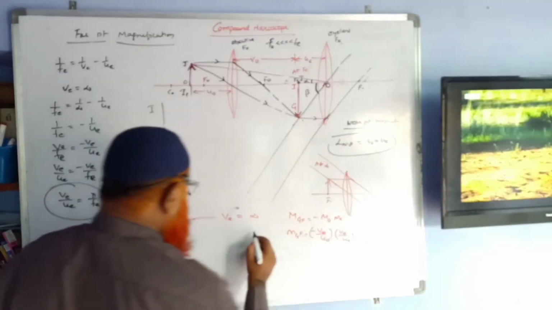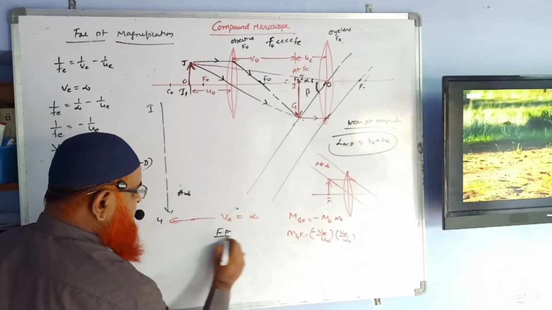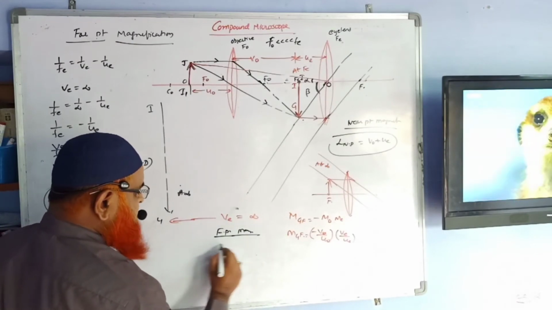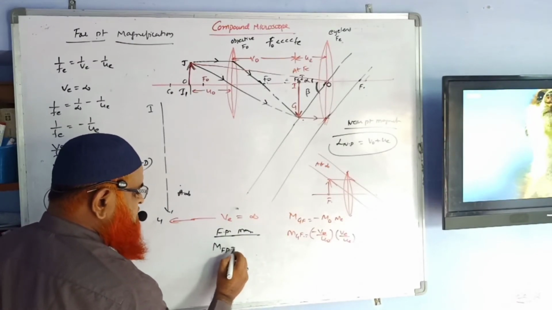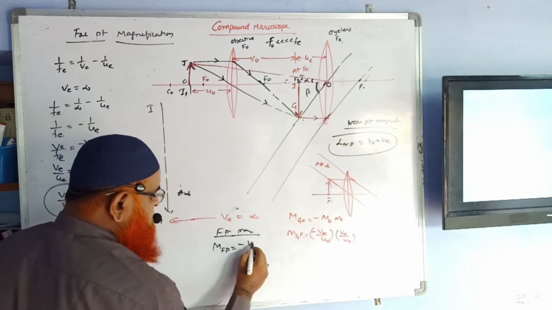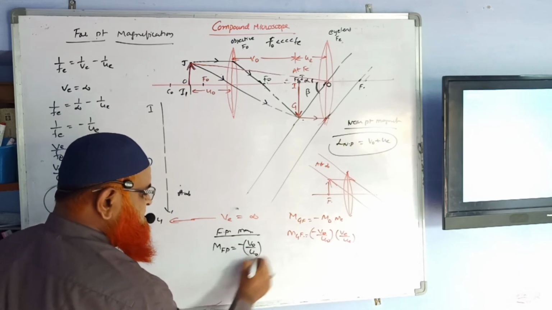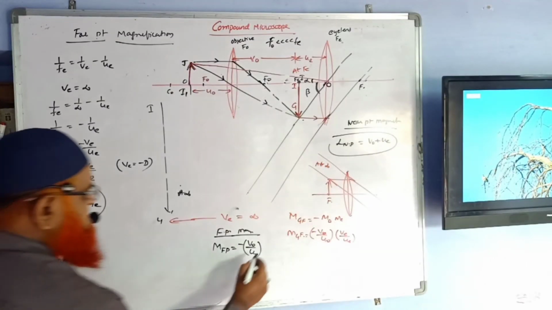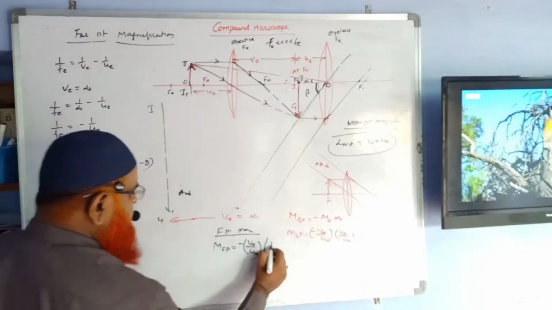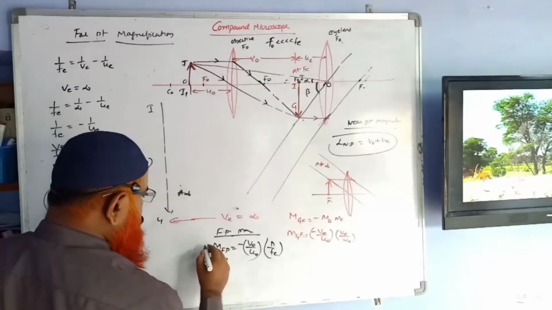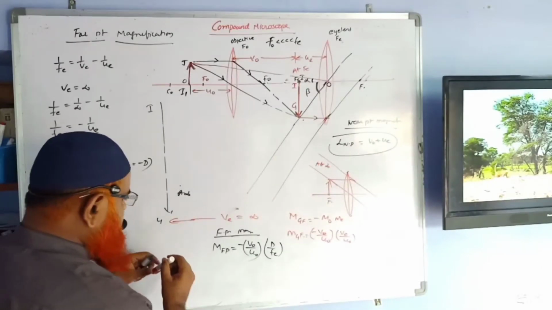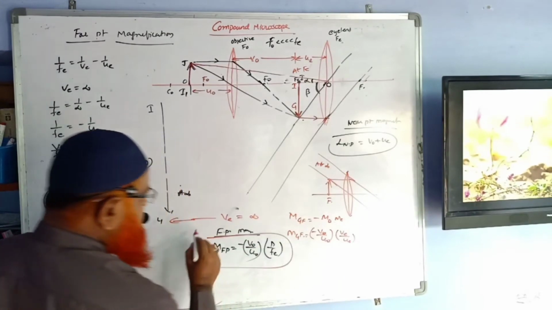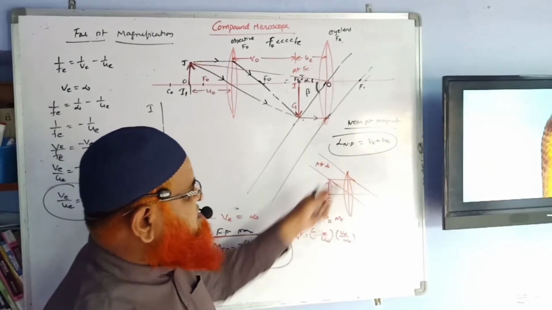Next, we need to discuss about far point magnification. So in this far point magnification, magnification at the far point is nothing but you will write V naught by U naught as it is. But instead of VE by UE, what are you going to do? You are replacing this VE by UE with D by FE. So D by FE. This is the final formula for magnification at far point. Previously, length at near point.